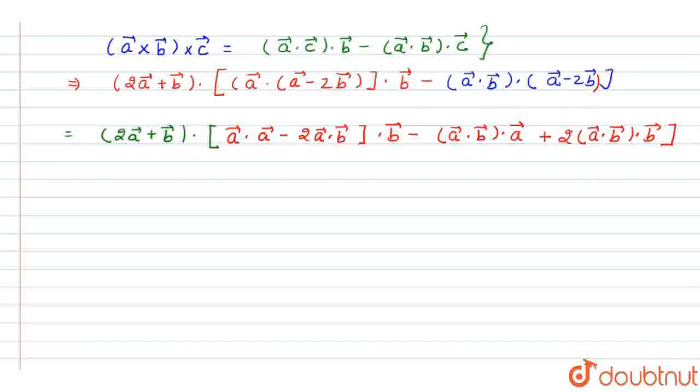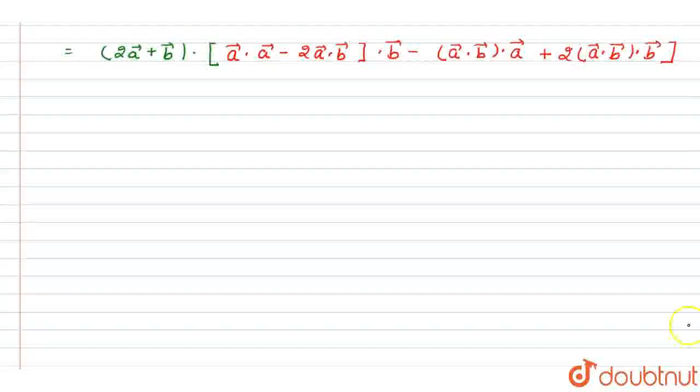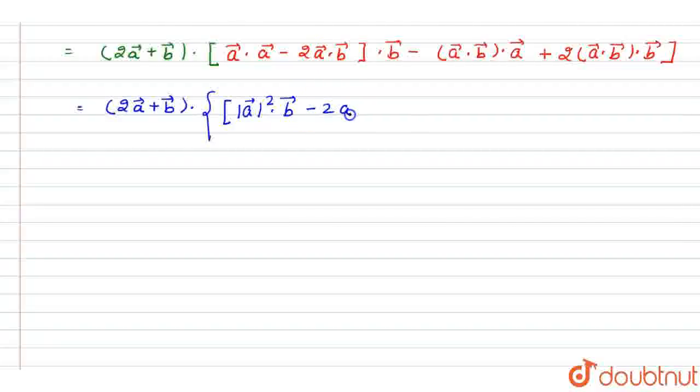Now we have to solve this equation. We keep 2a vector plus b vector as it is. Now we multiply the b vector inside. We know that a vector dot a vector is equal to magnitude a vector square, times b vector. Here we get minus 2a vector dot b vector times b vector.